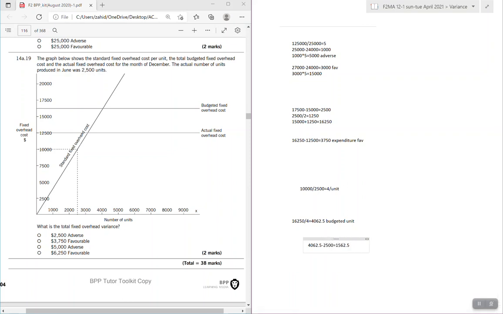We have 1,562.5 adverse, multiply by the overhead absorption rate, which is 4, will give us 6,250 adverse volume variance. Even though we have 3,750 favorable, we have 6,250 adverse, we have 2,500 adverse variance overall.